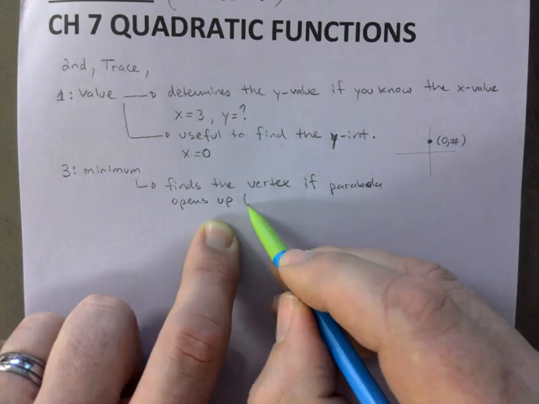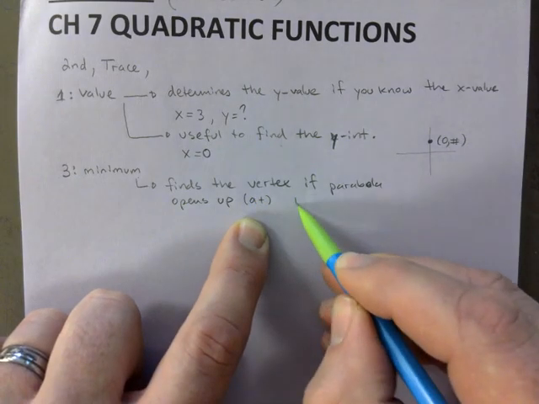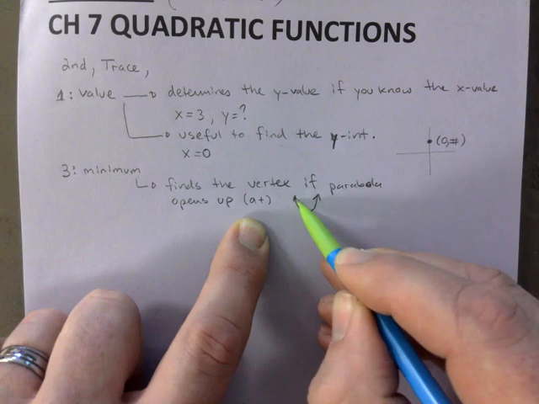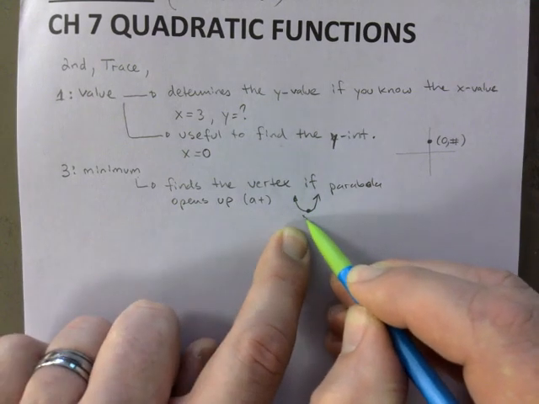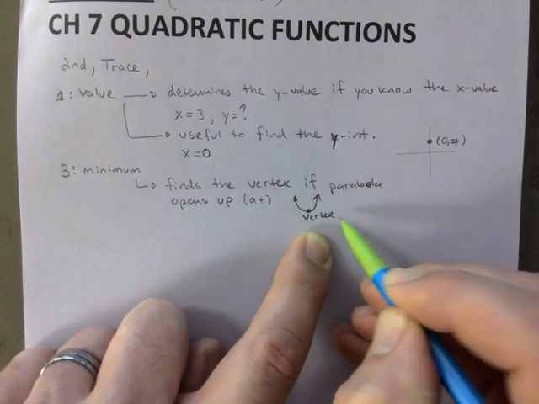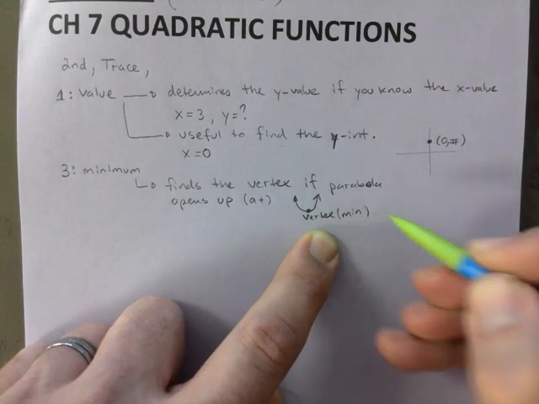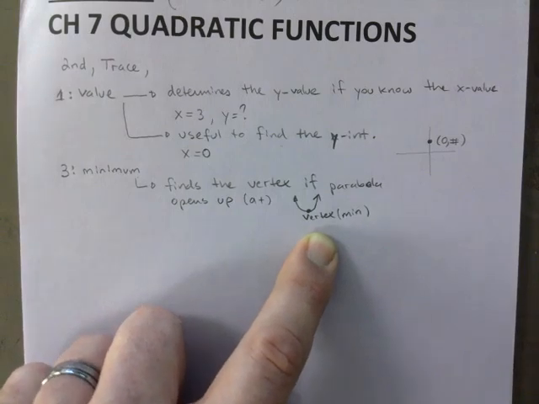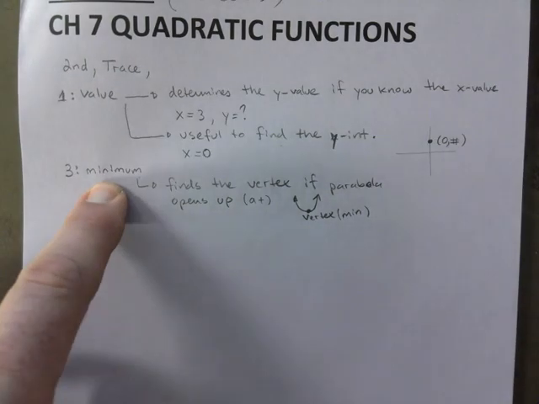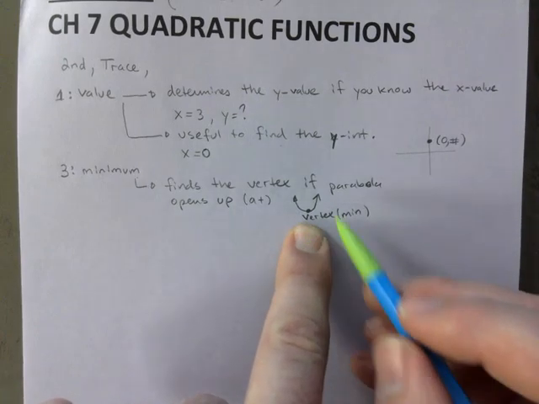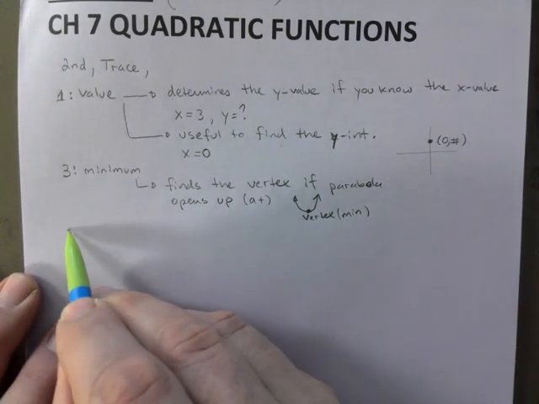In other words, A is positive. So if it's pointing this way, this is the vertex, and at this point it is the minimum. It's the lowest point. So you're going to use this one if you want to find the vertex of a parabola that's pointing up.